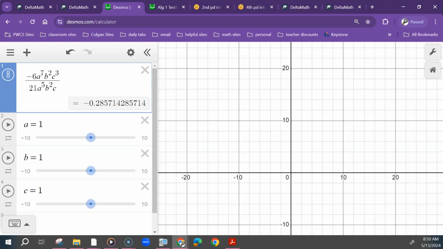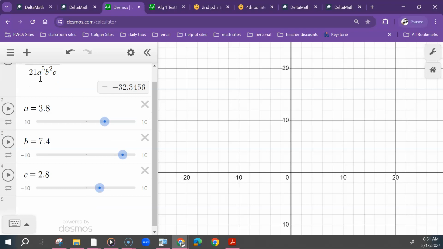I would leave them positive so you don't have to worry about negative bases or anything like that. And just change them to 3 different numbers. And then you're going to start to put in your answer choices, and it becomes a matching game. Which decimal matches?